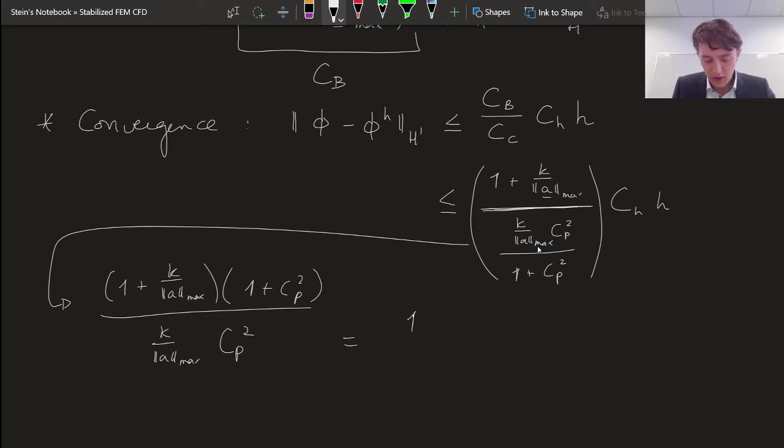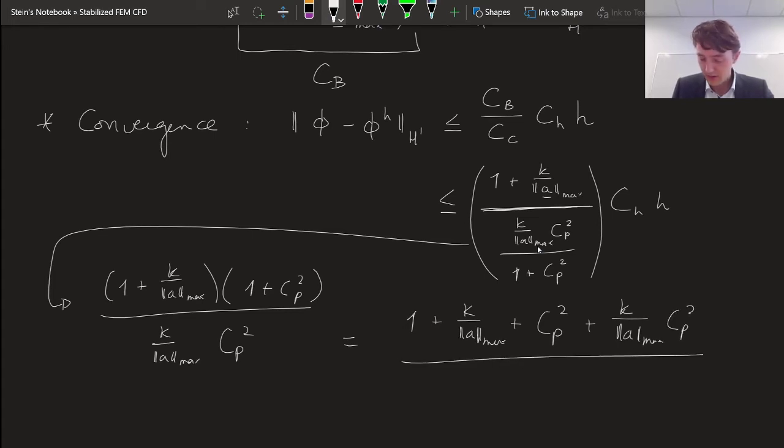Then we get 1 plus kappa divided by A max plus CP squared plus kappa divided by A max times CP squared, divided by kappa CP squared.